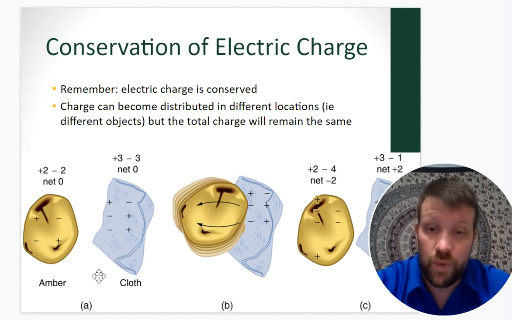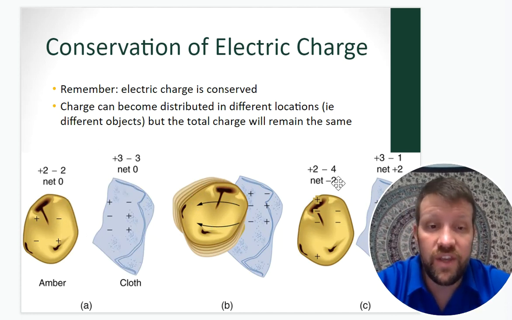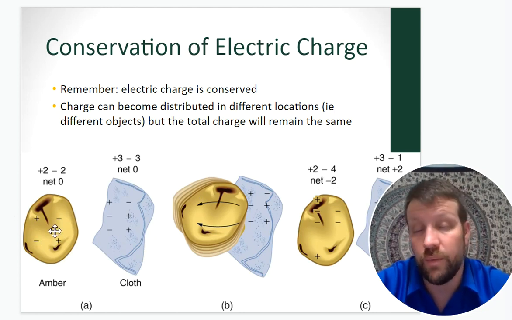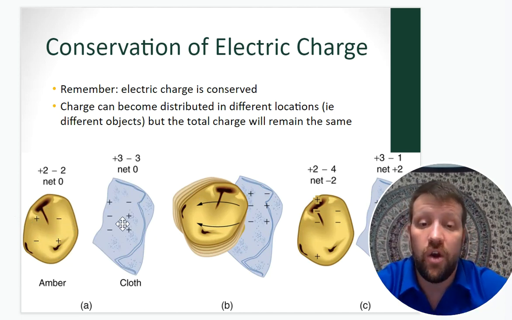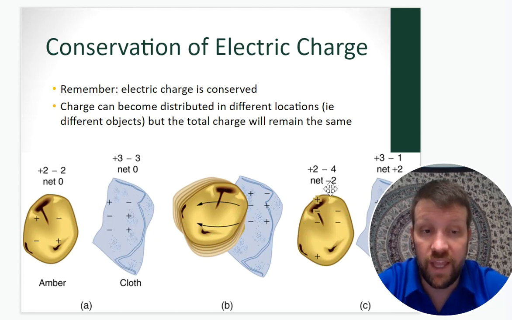So we see objects here, right? It's got net charges, and well, we've got some charging by friction here in the middle, and we see the net overall. So now we've gone from 2 pluses and 2 minuses, so 2 protons and 2, well, we'll say 2 equivalent positive charges and 2 equivalent negative charges. Over here, there's 3 of each. We do our charging here via friction, and now I have 2 positive charges and 4 negatives, so a net of -2.